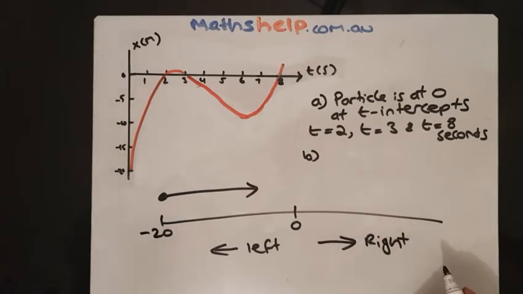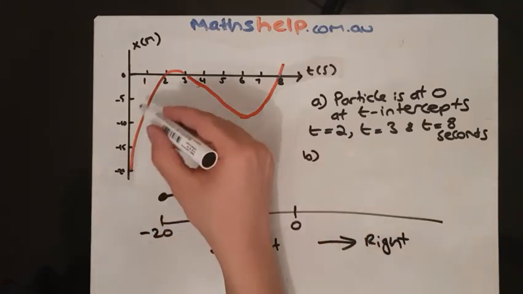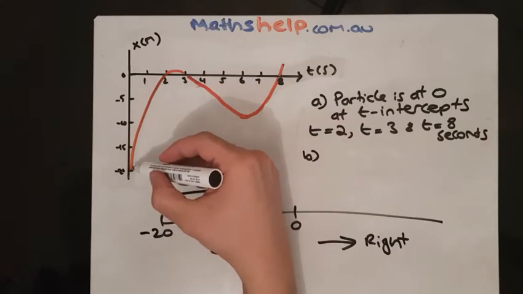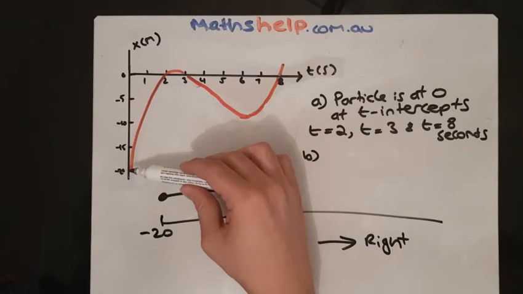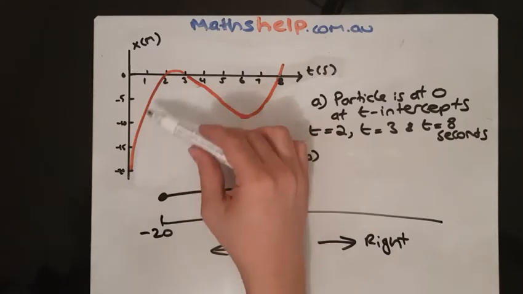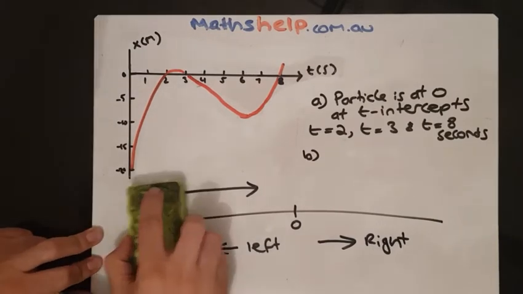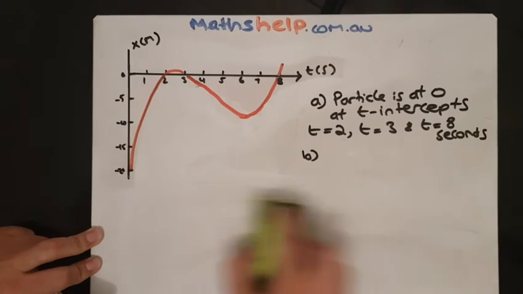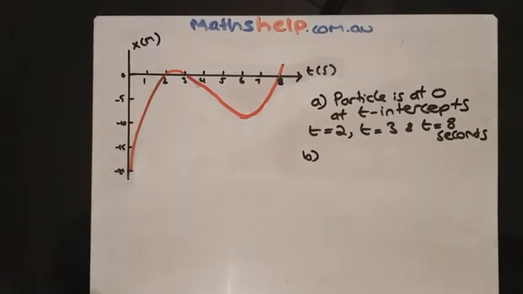Looking at the graph, when we're going from -20 to the origin, our graph is positive. So that tells us that every time the graph is positive, we are moving in the right direction. So all we have to do here is work out what our intervals are for when the graph is positive.